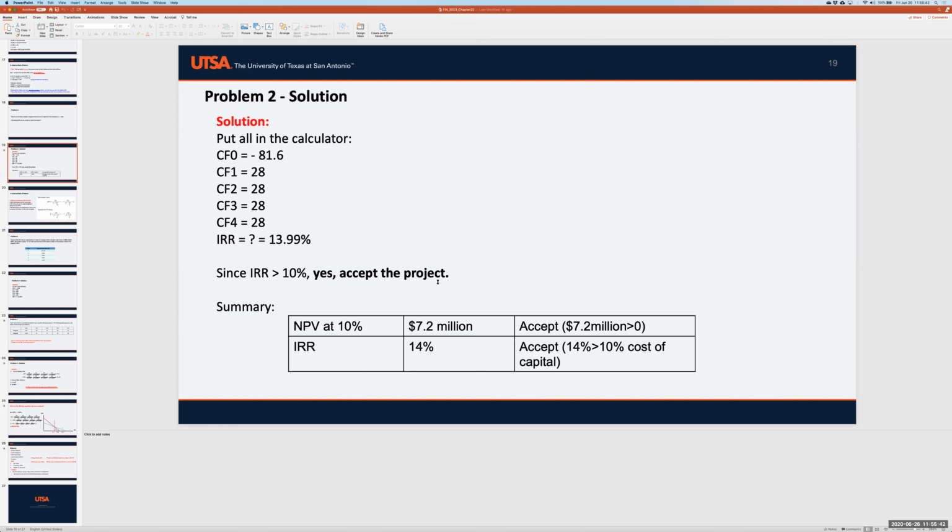What we find is that IRR is 14%. What is the cost of capital? 10%. So the internal rate of return is greater than the cost of capital.